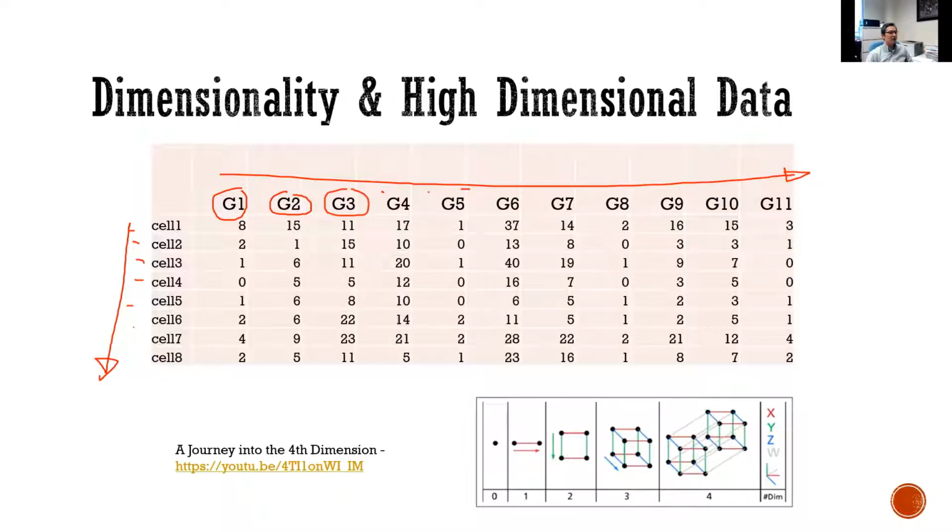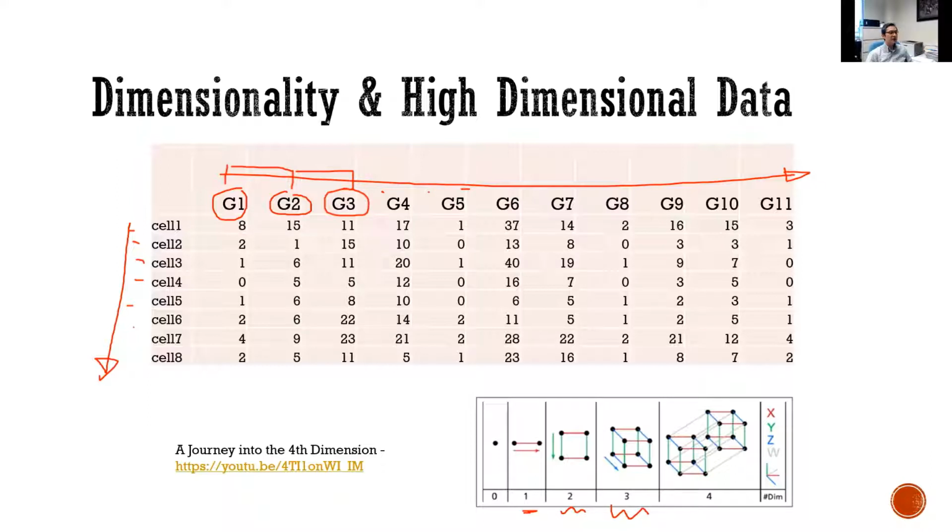When you use 1 gene, you separate or describe your cells using one-dimensional information. That's indicated here. So you can have a distance between cells. Once you have 2 genes to be taken into account, then you are using 2-dimensional data to describe each individual cell. If you use 3 genes to describe these cells, then you are talking about a 3-dimensional data space.